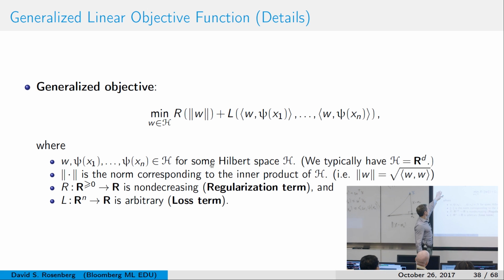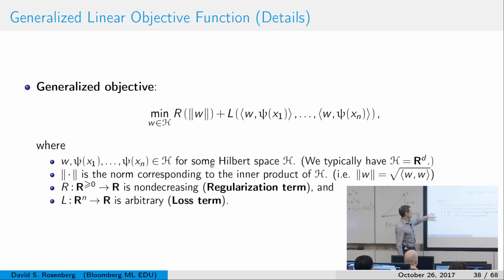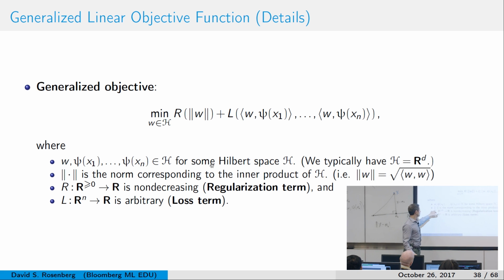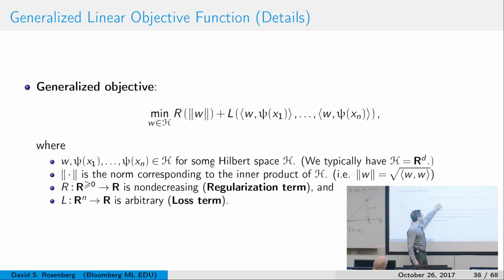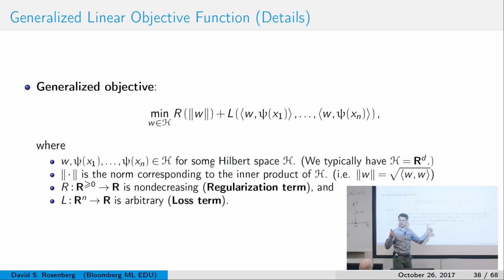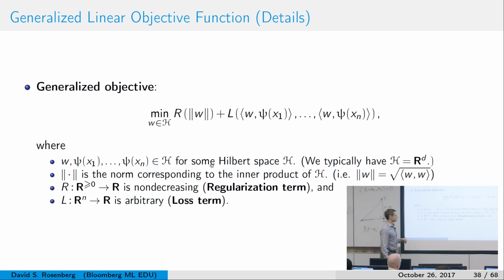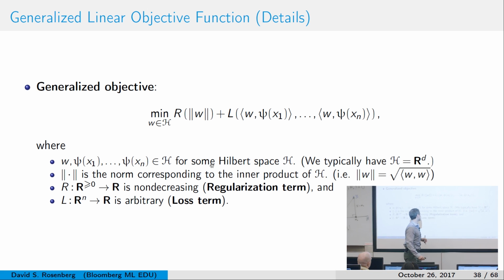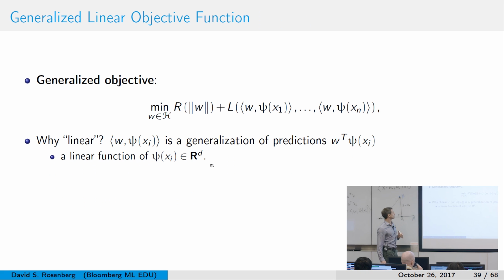All right. I've rewritten with some more details, but I think we've covered them all. The one thing we need to make explicit is that the norm that shows up here has to be the norm that corresponds to this inner product here. Remember, there's this correspondence between norms and inner products, and those have to be related in the usual way.